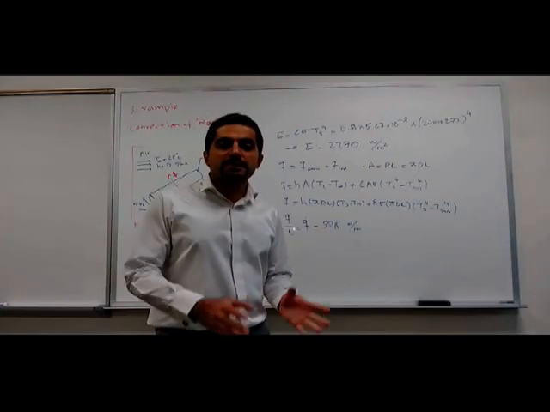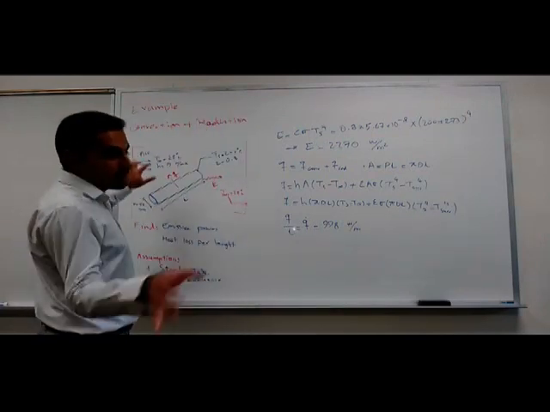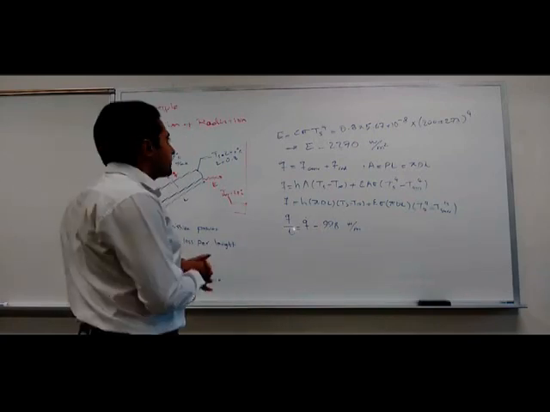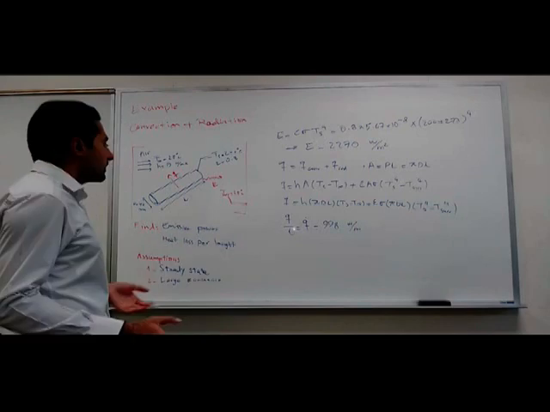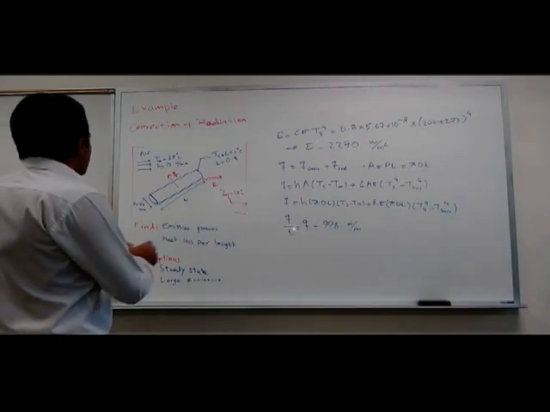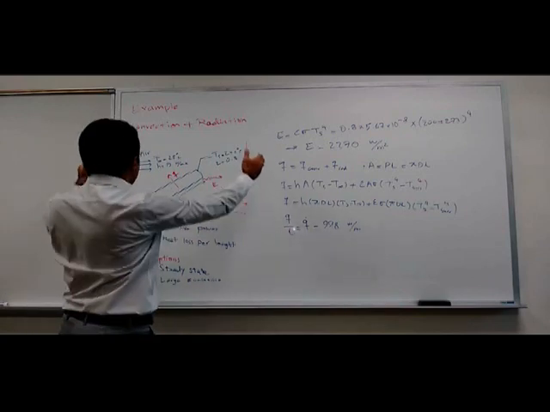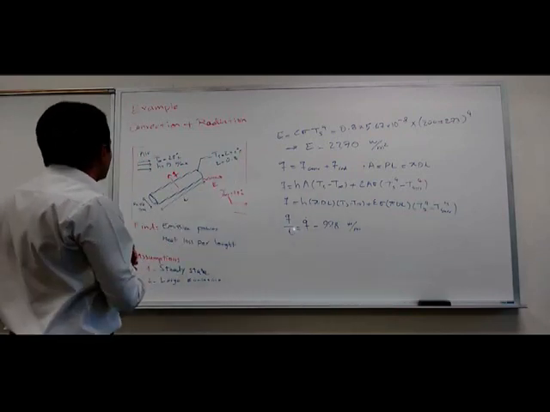Okay, now let's solve an example to see how convection and radiation modes of heat transfer are considered and calculated at the same time. Consider a pipe in a larger environment or larger surroundings.